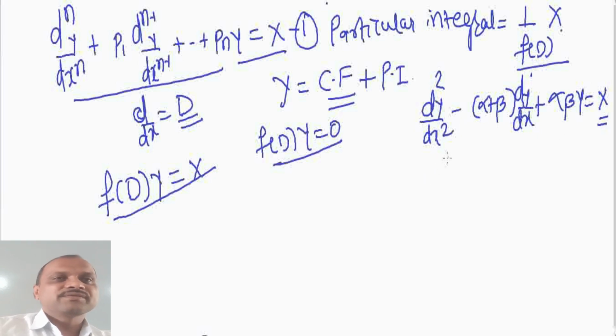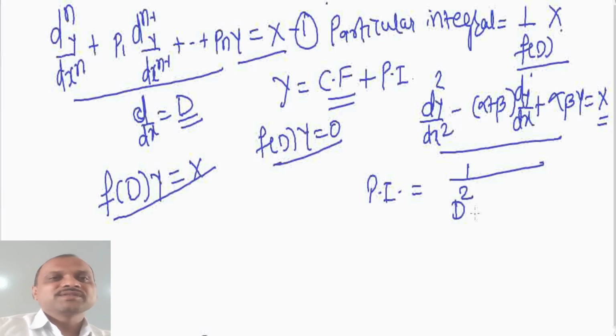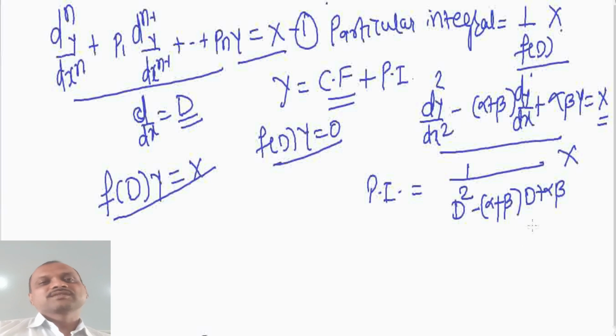Then in terms of the operator, the particular integral of this equation is 1 divided by, for this d2y by dx square we write D square minus (alpha plus beta) into D plus alpha into beta, operating on x.